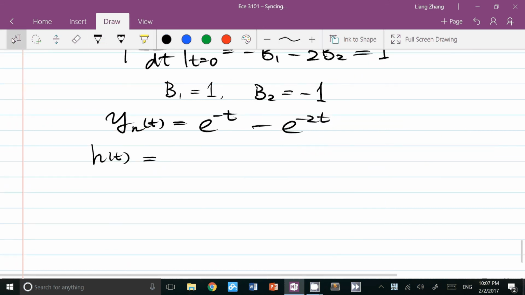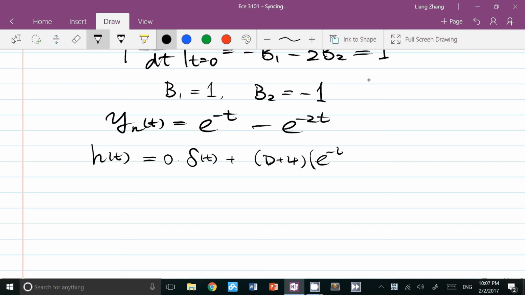This will be written as 0 times delta of t, plus we'll need to apply this D plus 4 to this Yn, which is (e^(-t) minus e^(-2t)) u of t.